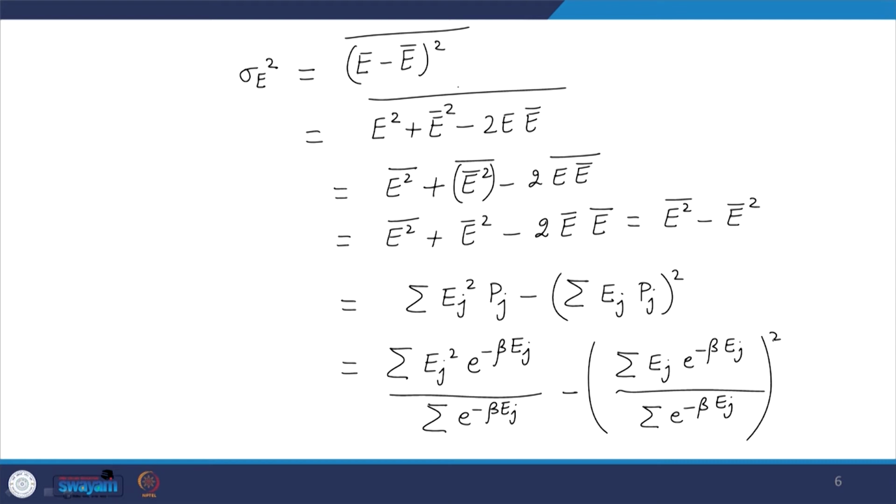And now, let us see how we can get the same quantity if I simply take the second derivative of my q.